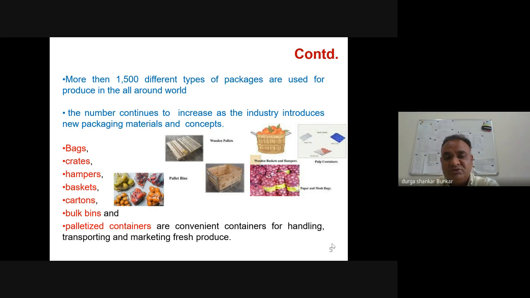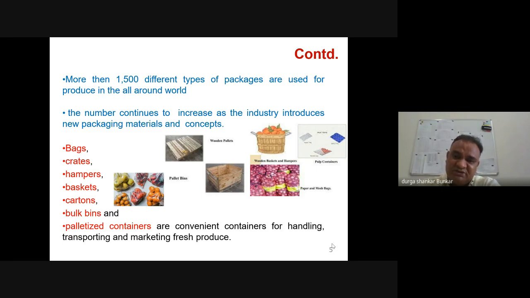There is a long list of different packaging materials. It starts with some organic materials like bags, baskets, carrots, and some other wood we can use, and it goes on with plastics, glass, and metal. There are a number of materials that we can use for the packaging of fruit and vegetables.